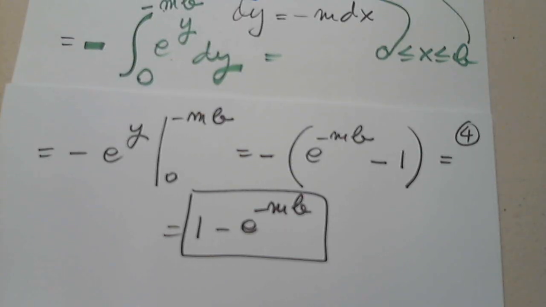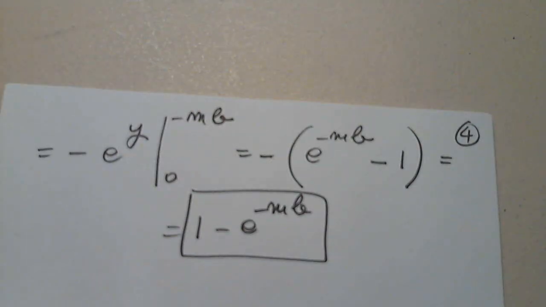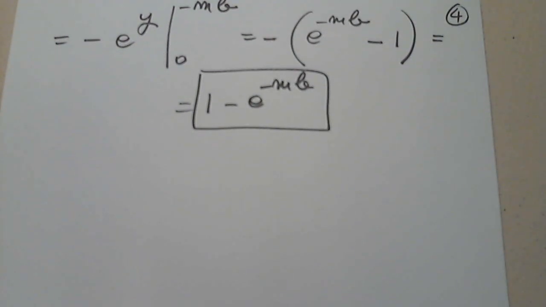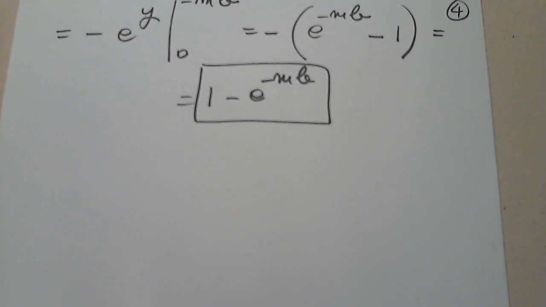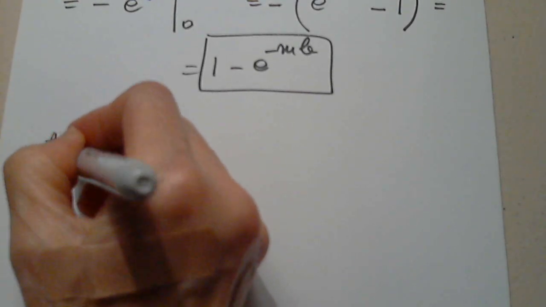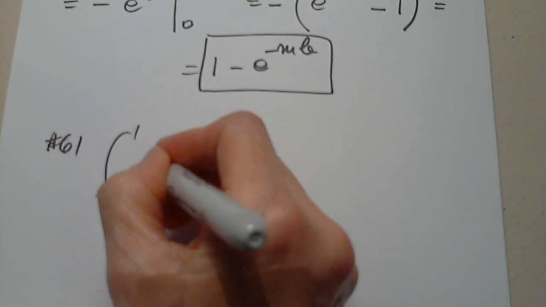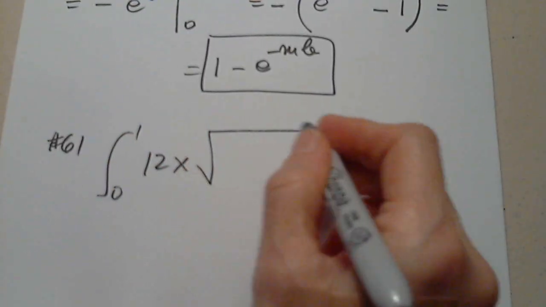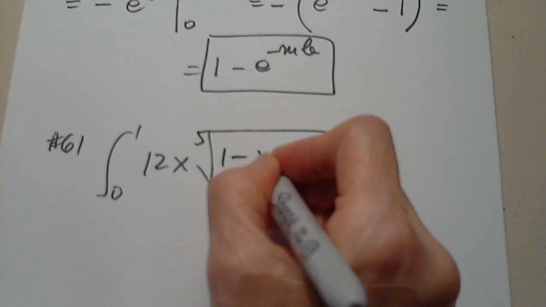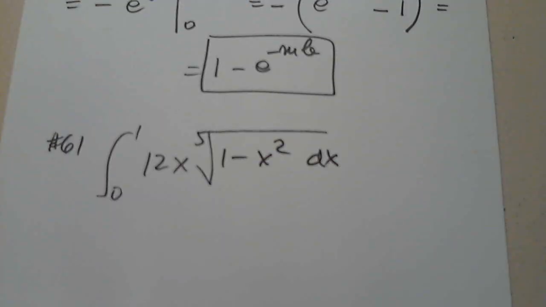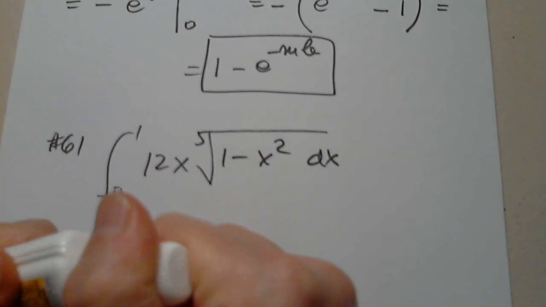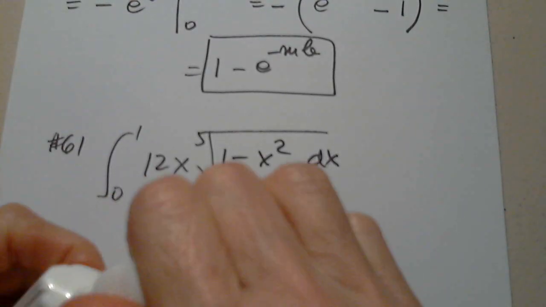But let's take a look at a square root first. Okay, I will choose 61. And this is the integral from 0 to 1 of 12x times the fifth root of 1 minus x squared dx. We had something similar last time, but it was a definite integral, not an indefinite integral.